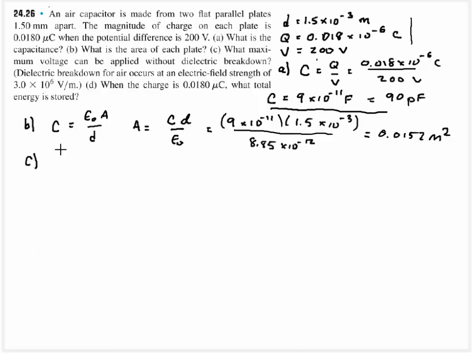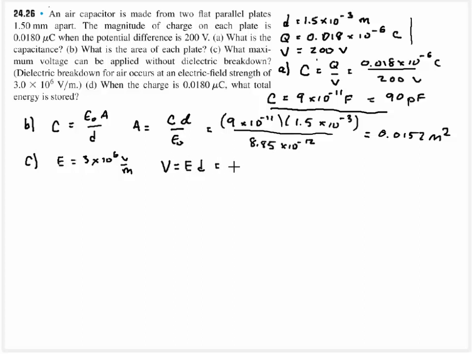For part C, we're told that dielectric breakdown for air is going to occur at some electric field strength. So we know what our electric field strength is going to be. It's going to be 3 times 10 to the 6 volts per meter, and we're asked what's the maximum voltage that this capacitor can essentially take. Well, we know that there's a relationship between the voltage, the electric field, and the distance of separation for a capacitor.